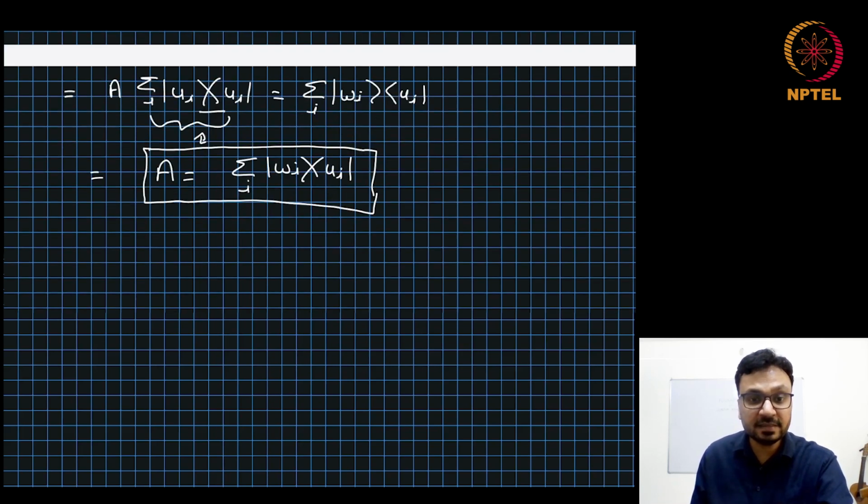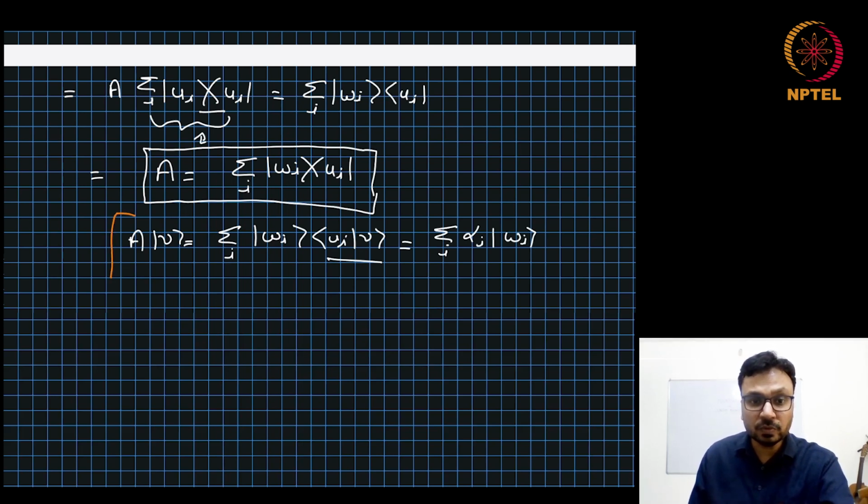Now you can simply see A acting on V will be the sum over i of omega i times the inner product of Ui and V. And this is a scalar. Let us call it alpha i. It becomes the sum over i of alpha i omega i.